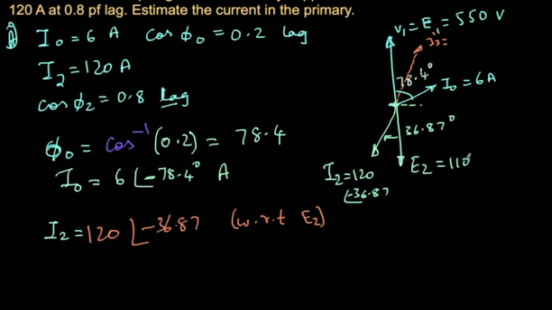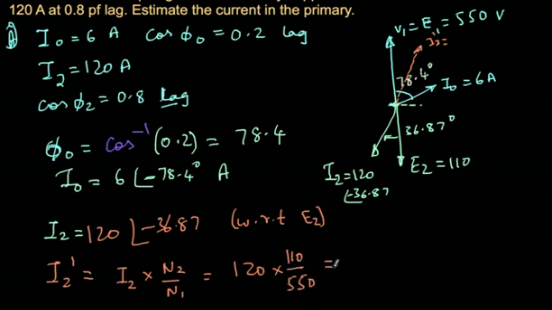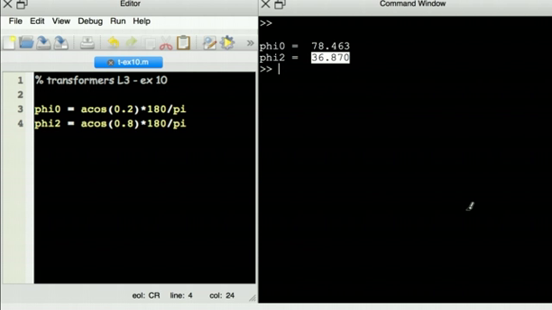But if I reverse E2, it will coincide with V1. So I2 dash is nothing but I2 multiplied by N2 by N1, which is V2 by V1. That is 120 multiplied by 110 divided by 550. It will have the same angle, minus 36.87, with reference to I1.